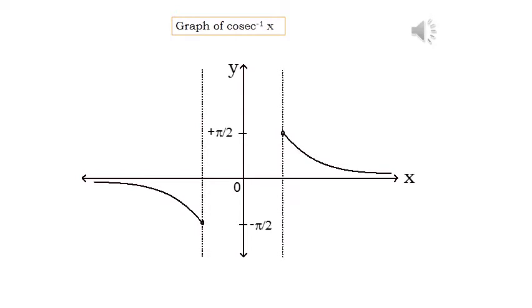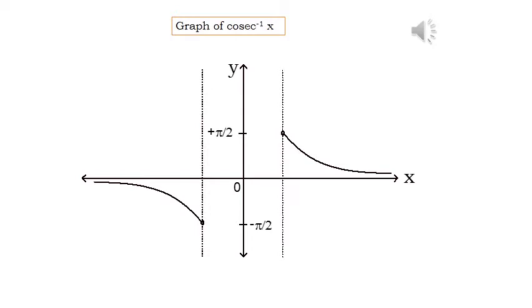Along the y-axis, vertically, y equal to 0, the entire x-axis, is considered the asymptote for this graph. So the graph tends very close to the x-axis, from minus pi by 2 and from plus pi by 2 towards y equal to 0.